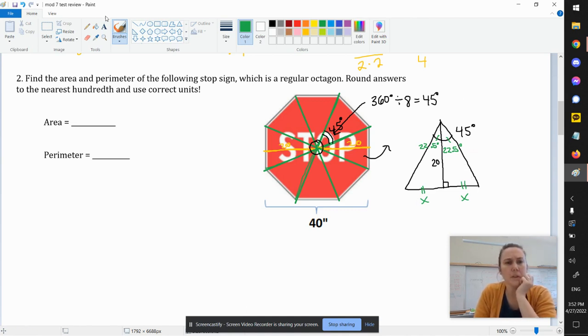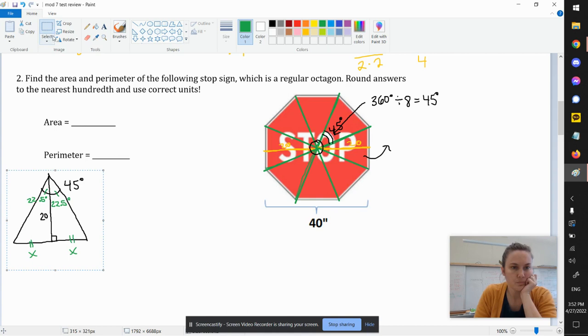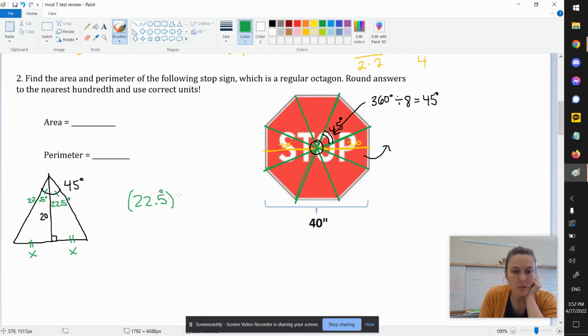I'm going to do this using trig. Drag this over here. Great. In order to find x, I know the angle, 22.5. I know the opposite side and the adjacent side, and opposite over adjacent is tangent.